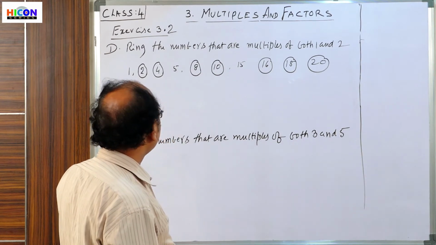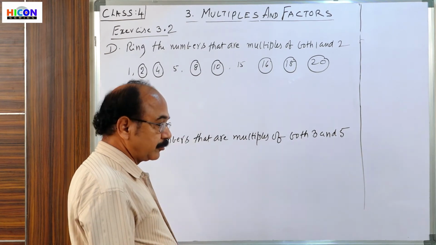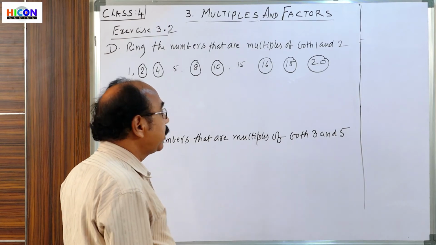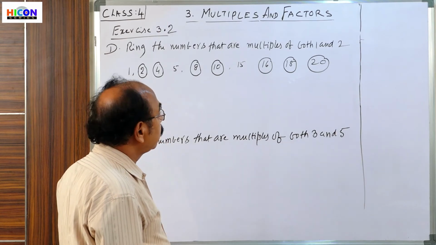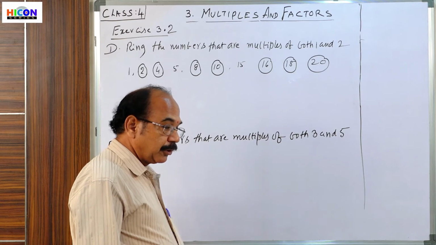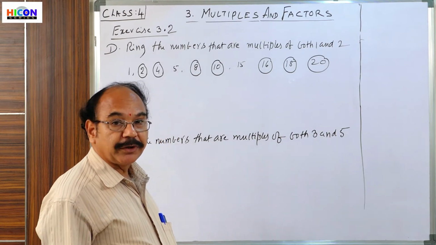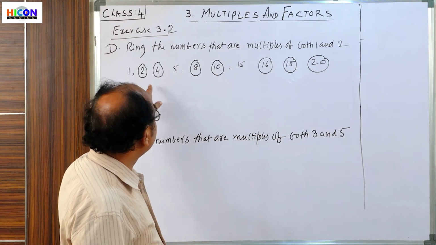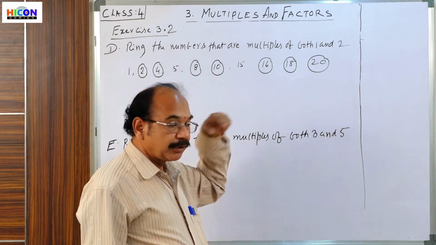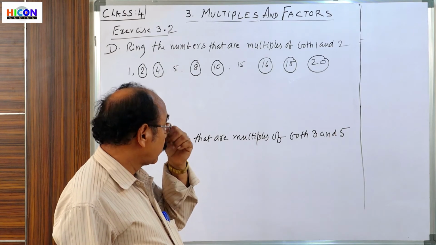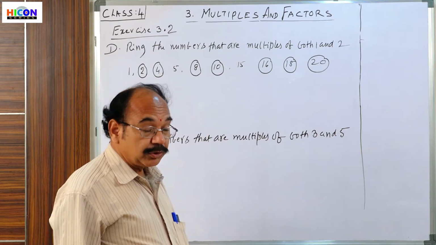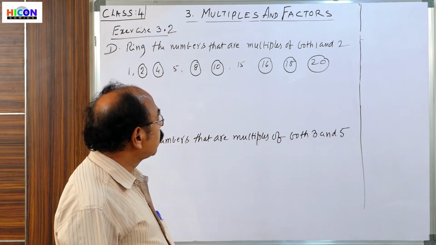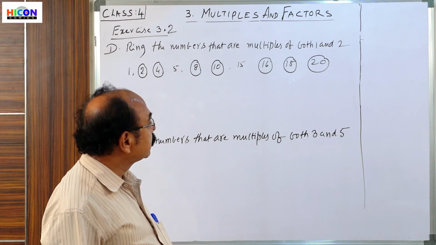You see, children, these numbers you can get in reading the 1 table and the 2 table. If you read the multiplication table of 1, you can get all these numbers: 2, 4, 8, 10, 16, 18, 20. And in the 2 table, you must get these numbers.